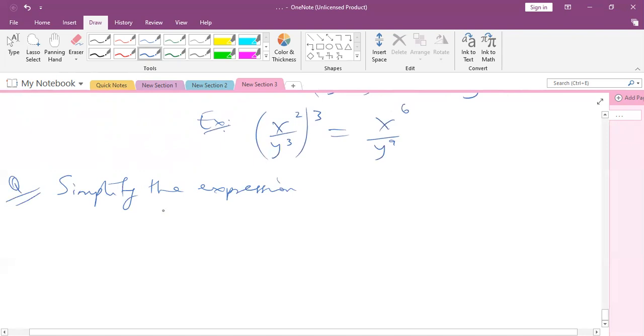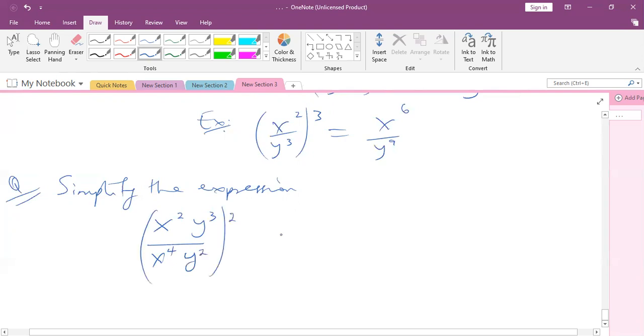And the expression would be x squared y cubed over x to the power 4 y squared, and then let's raise all this to the power 2.